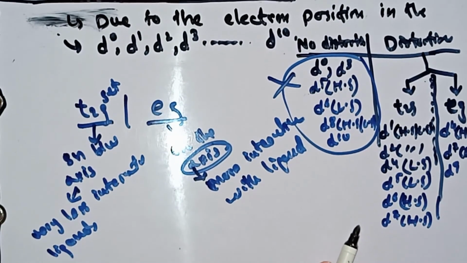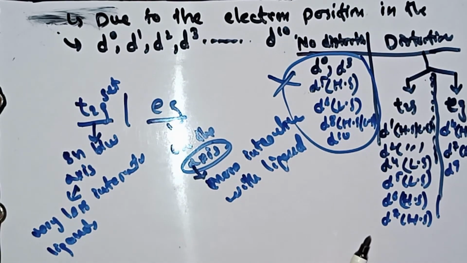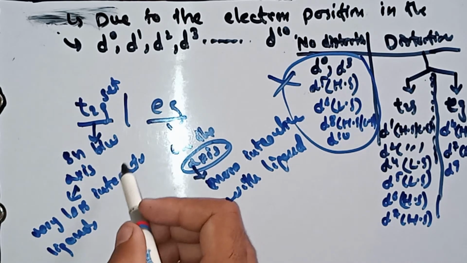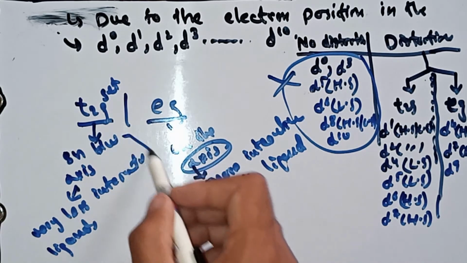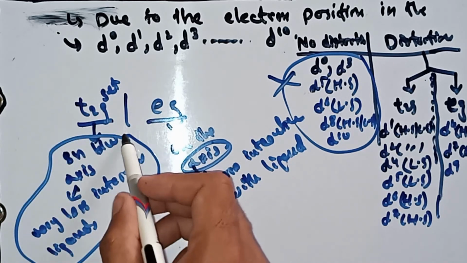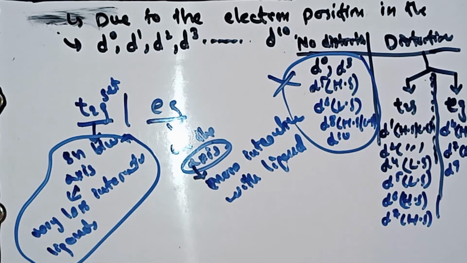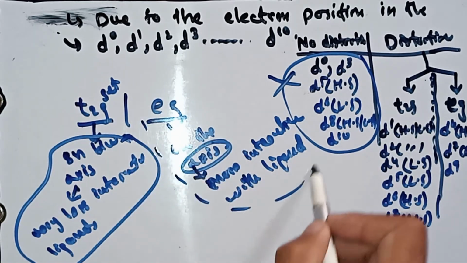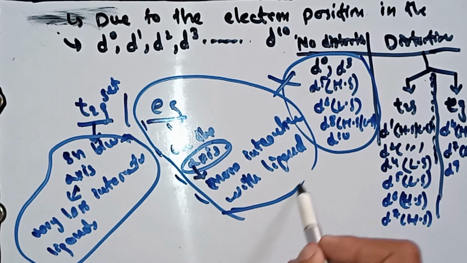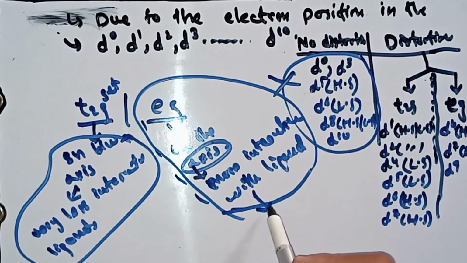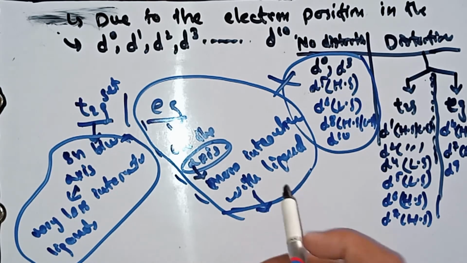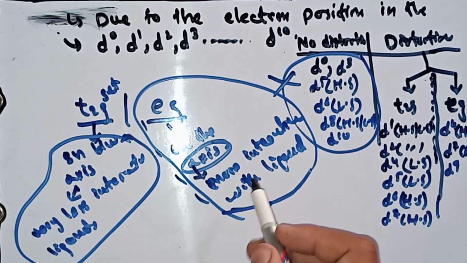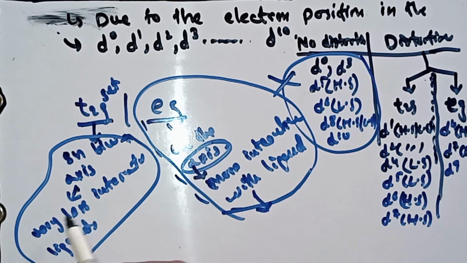So the T2G distortion is very small, and it can be considered negligible. But for the EG set, the distortion is greater and heavy, because they have very high interaction with ligands, as they lie on the axes, while T2G has very little interaction with ligands.